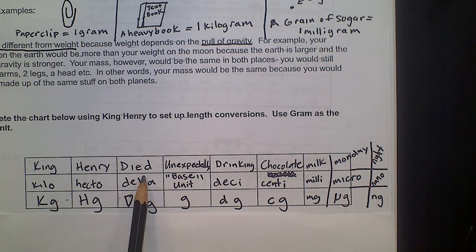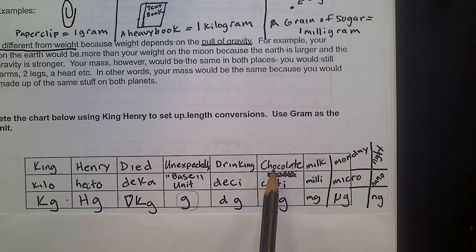So King Henry died unexpectedly drinking chocolate milk Monday night. And this time our base unit is grams. So I put grams here, and that's going to follow behind the other units. So for kilo, the kg for kilograms, hectograms, decograms. So once you set your base unit, that's what you're putting behind the letter from our memory device.